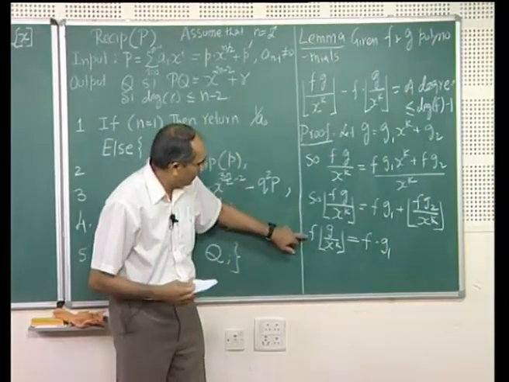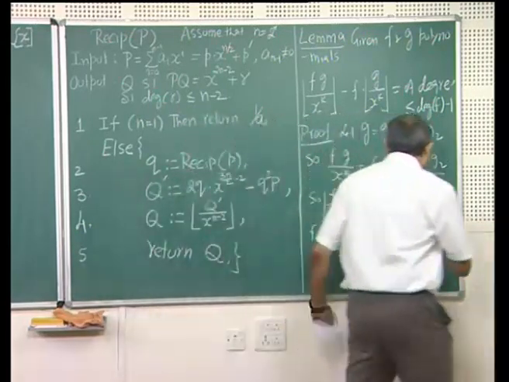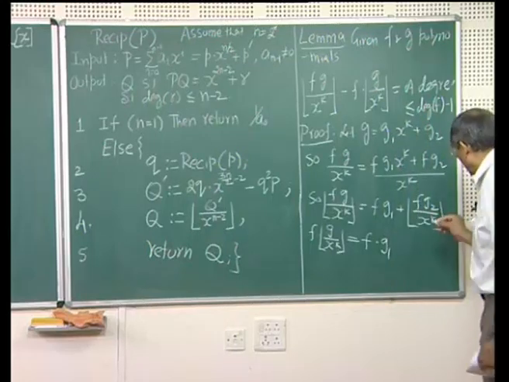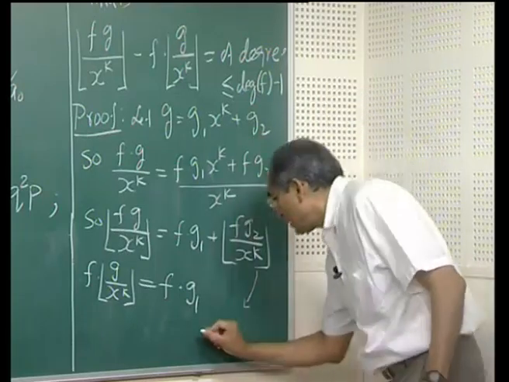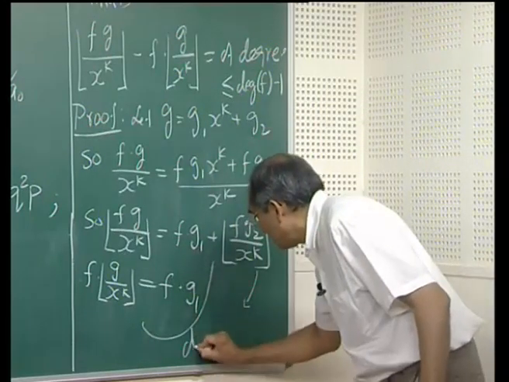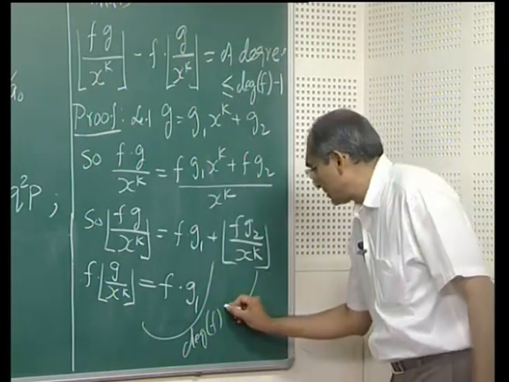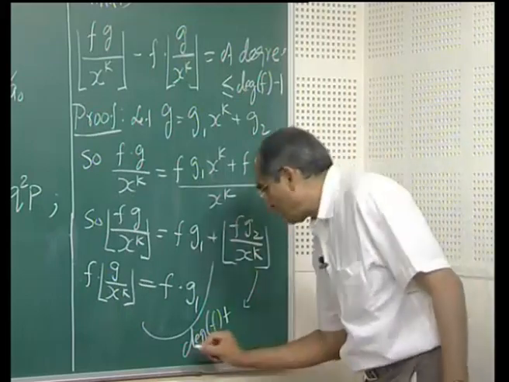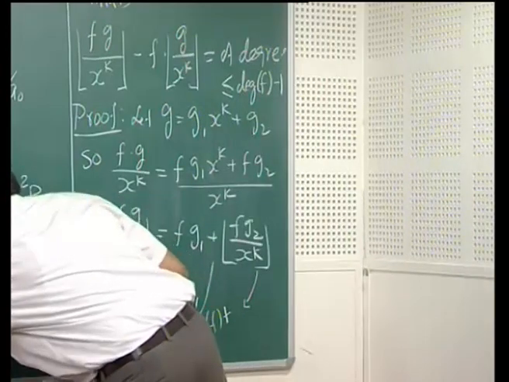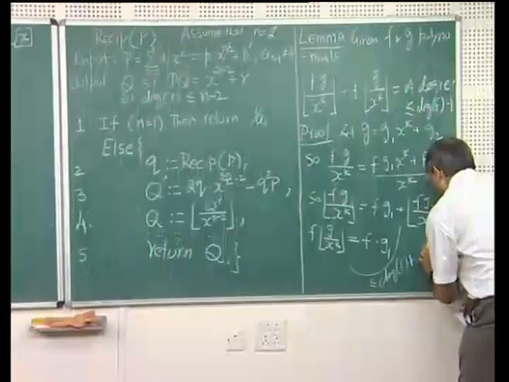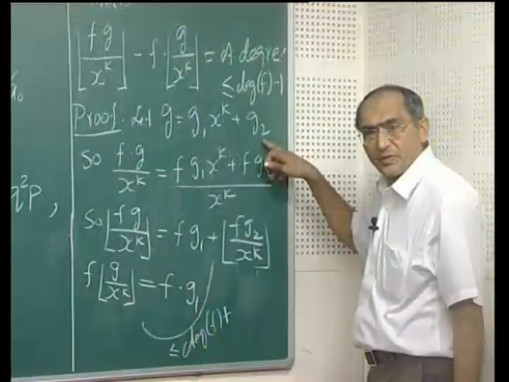So, the difference between these two is this term, and the degree of this term is at most the degree of f, plus... or actually this is less than or equal to, I will put a bound, degree of G2 is k minus 1 or less.